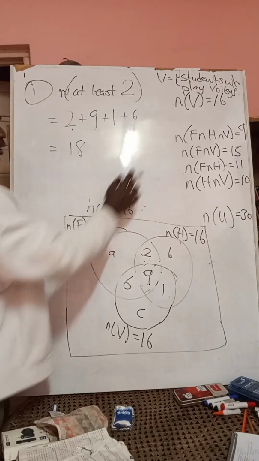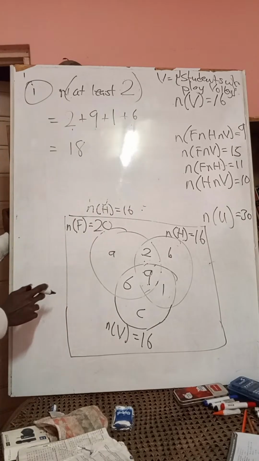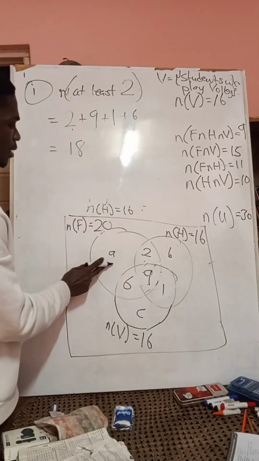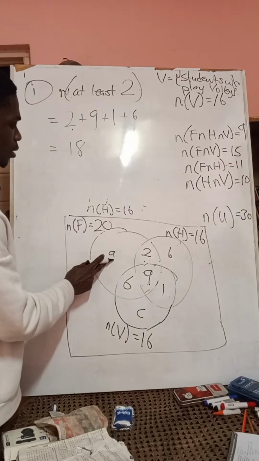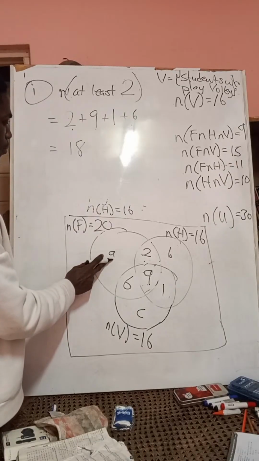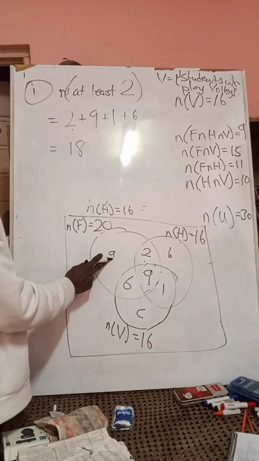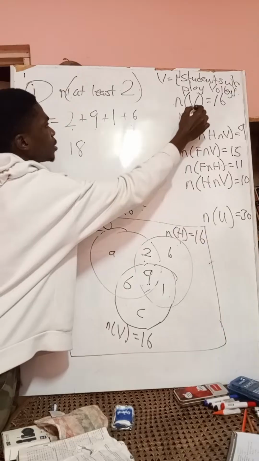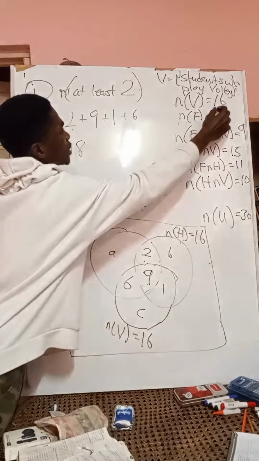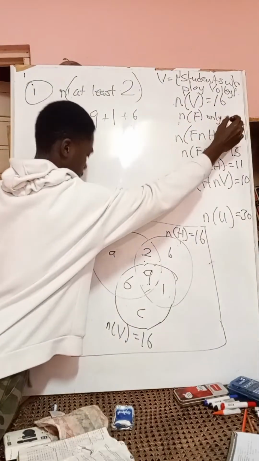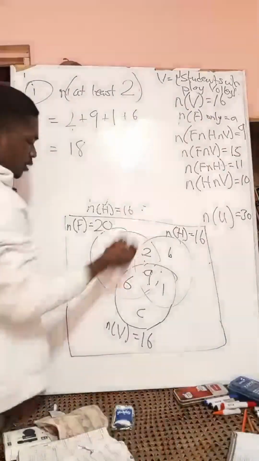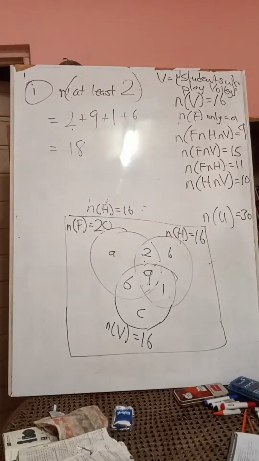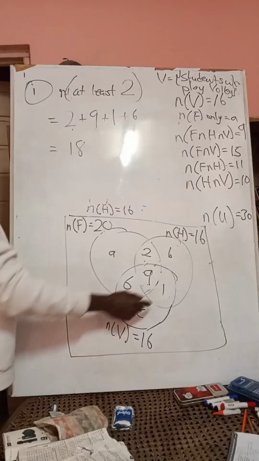So here is A, B, C. Number of F only equals A. Number of H only equals B. Number of V only equals C.